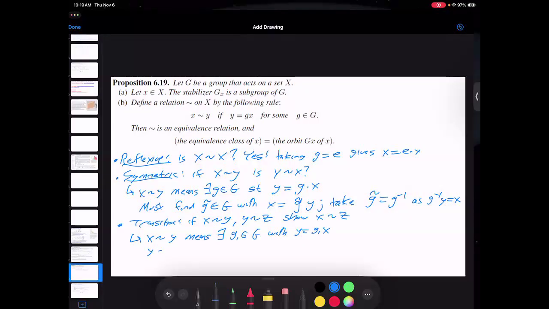Y equivalent to z means there exists a g2 in G with z equals g2 of y. And note z equals g2 of y, but y is g1 of x. And by associativity, that's just g2 g1 of x.